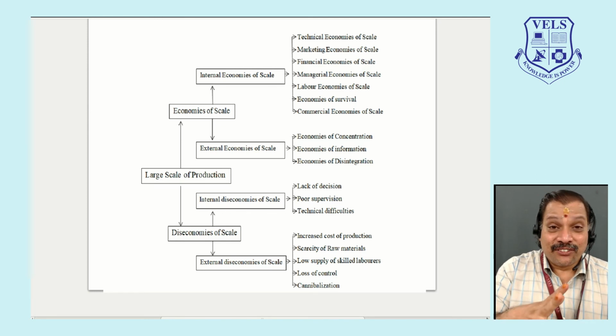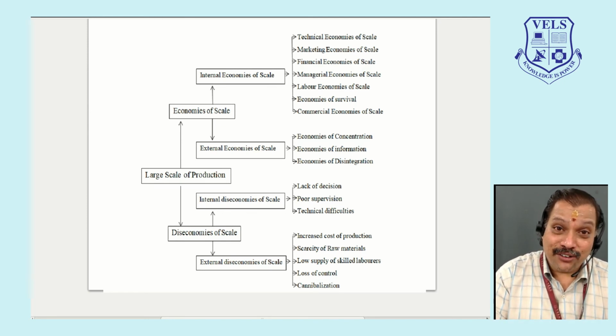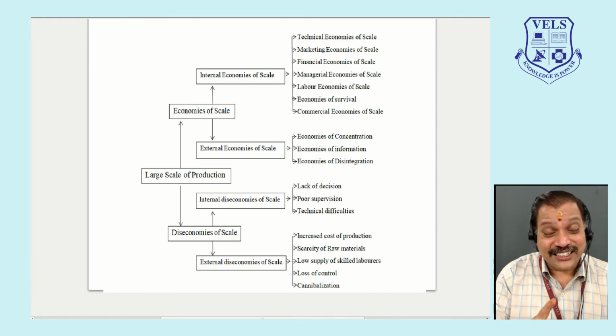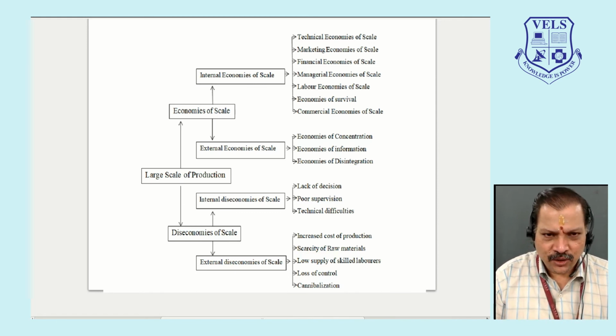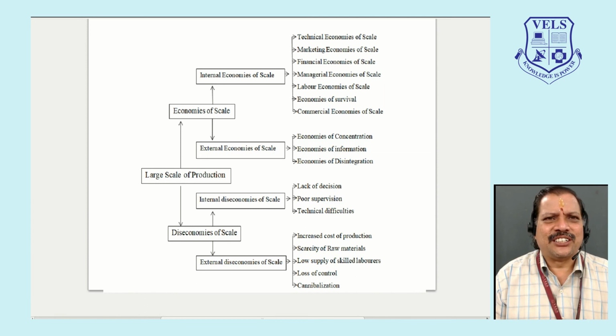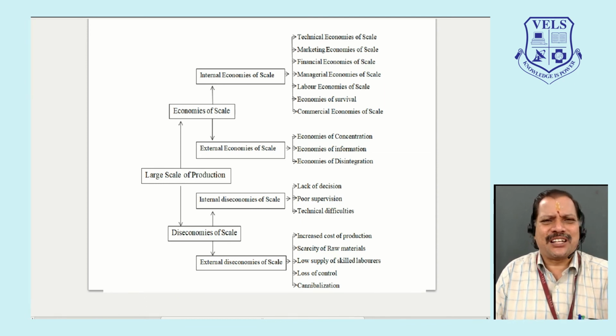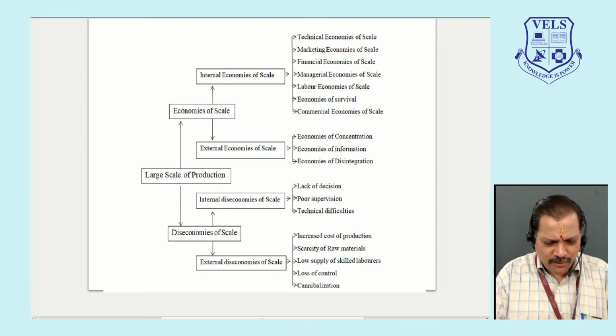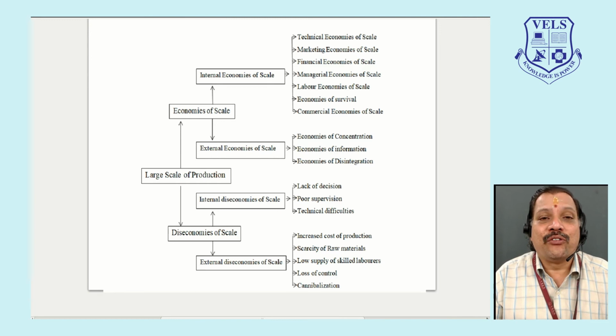Likewise, from the external side also we have many advantages with a large scale of production. What are they? It is external economies of scale. Economies of concentration, that is the monopoly, because he is the only seller and he will become the leader of the market. And economies of information, we can get good information.